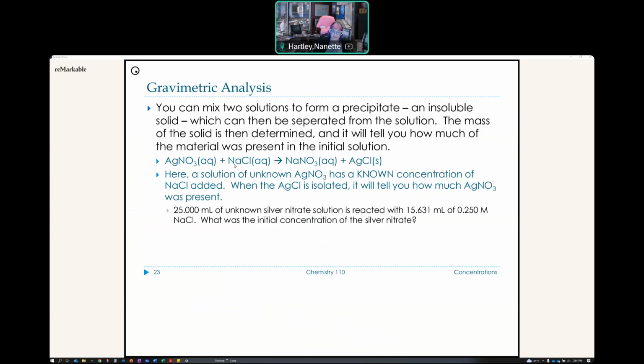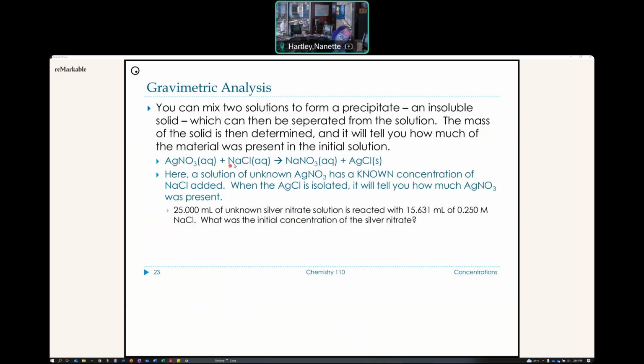And based on how much of that solid we made, we can then figure out how much of the Cl was present. So what they say is that we have a 25 milliliter sample of an unknown silver nitrate solution that reacts with 15.631 milliliters of a 0.250 molar NaCl. So in this case, we have more information about this.